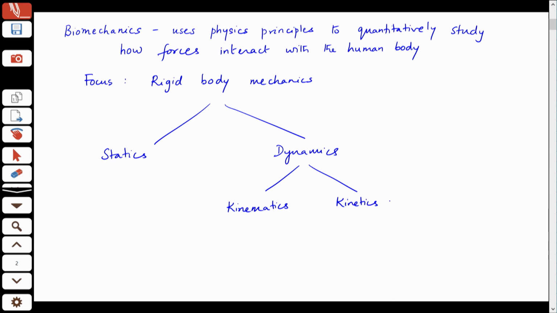If you look at statics, we will be looking at the human body in different postures, cases of static equilibrium, where we will apply the principles of statics to study the system. When we talk about system in the context of the human body, it could be the entire body in some cases, or it could be specific segments or specific portions of the system that we are focusing on.